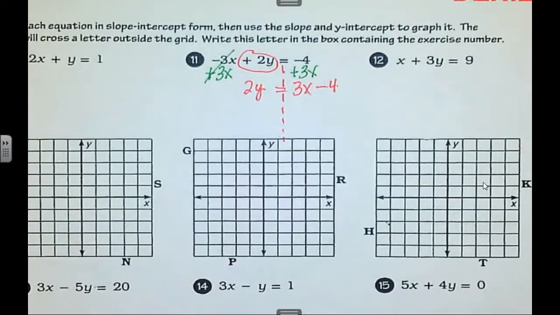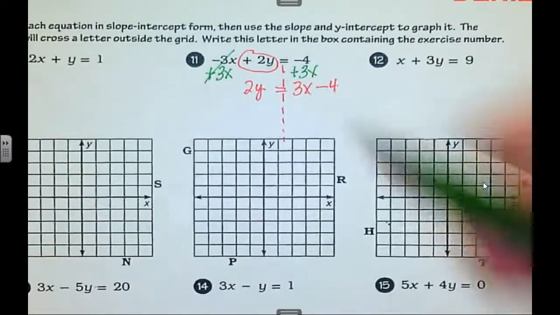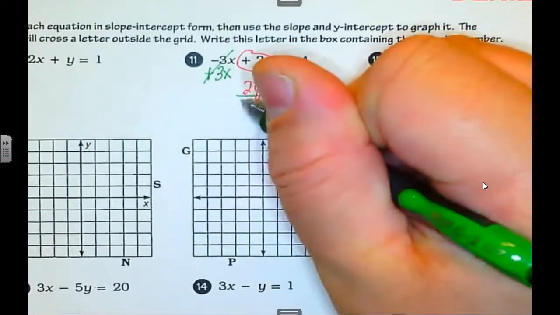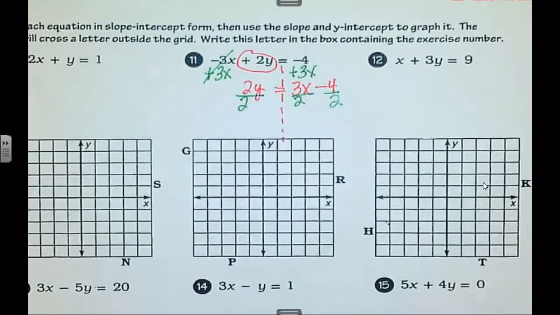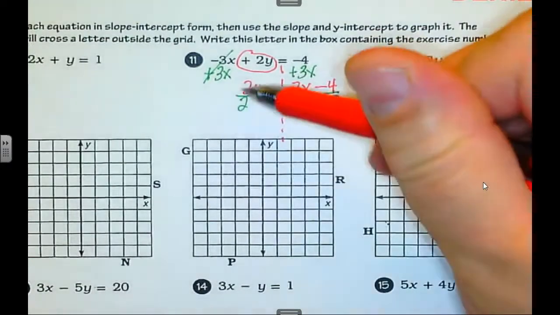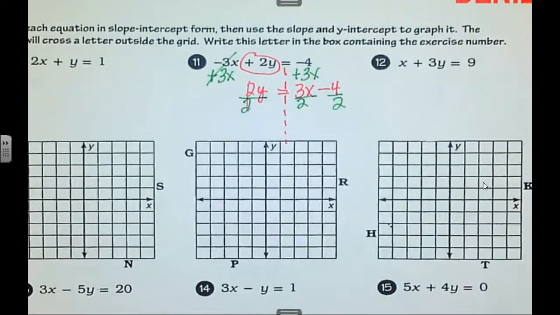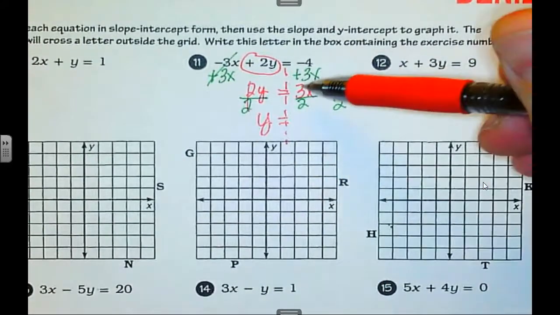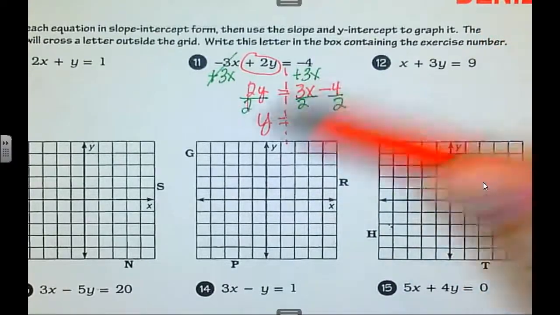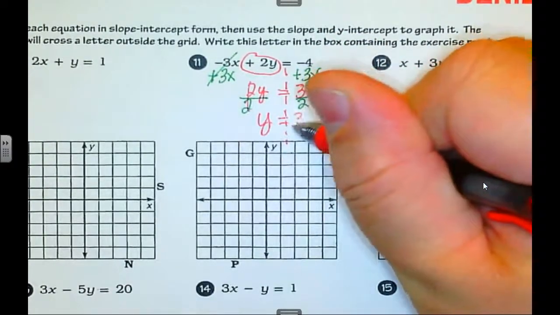Okay, I'm going to divide every term by the coefficient 2. 2, 2, and 2. My 2's cancel the 1. 1 times y is y. I have a slope here of 3/2. I'm going to write it down.